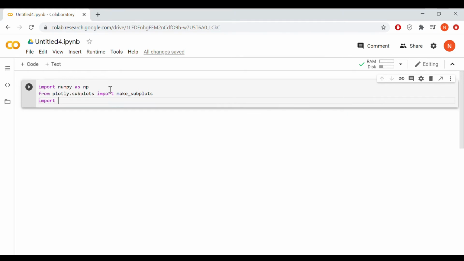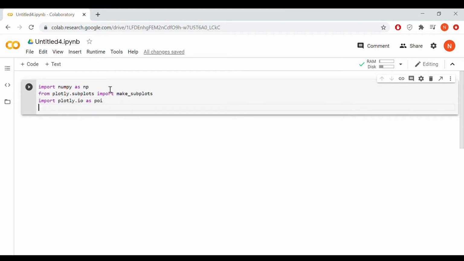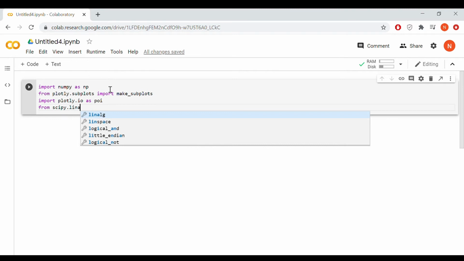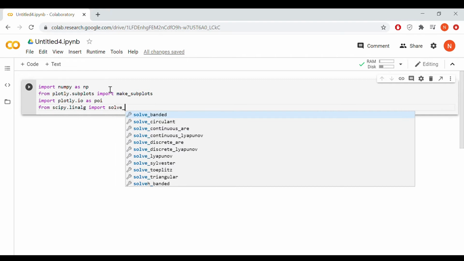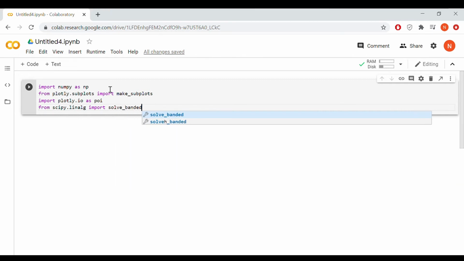Import plotly.io as pio. From cp.algebra, import solve_banded.